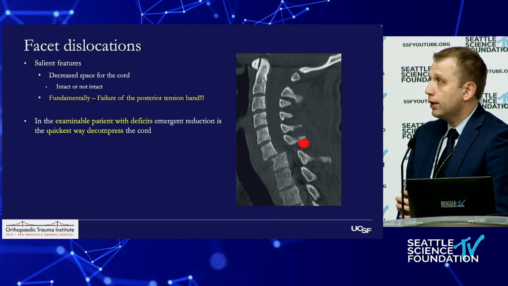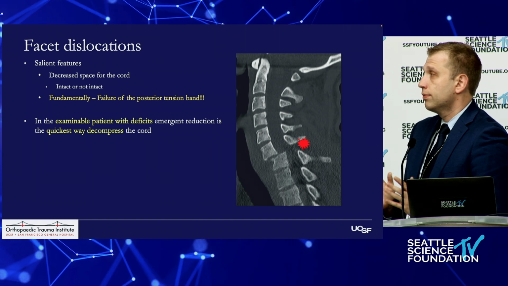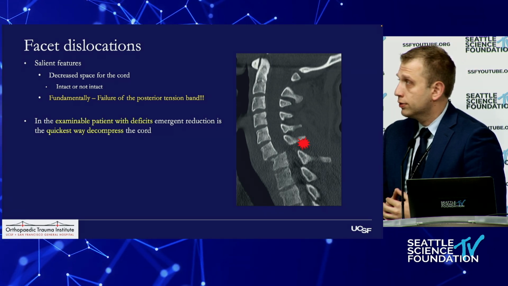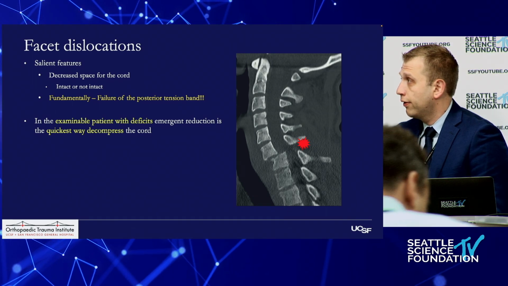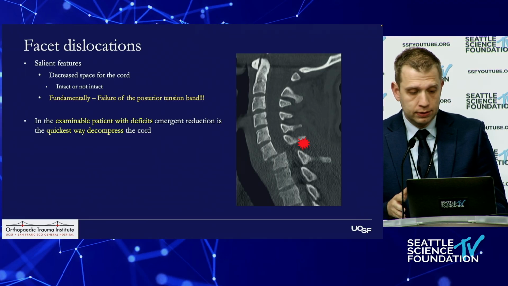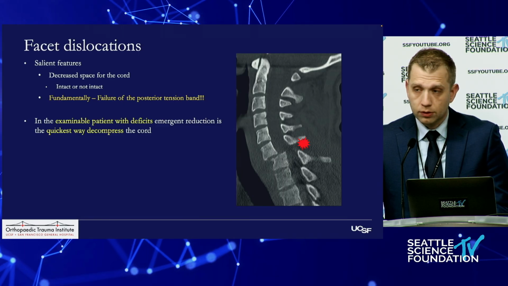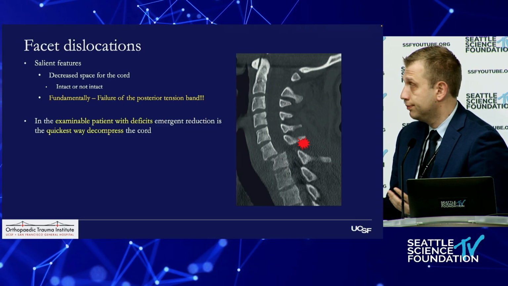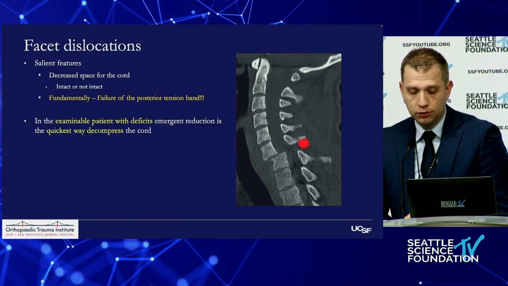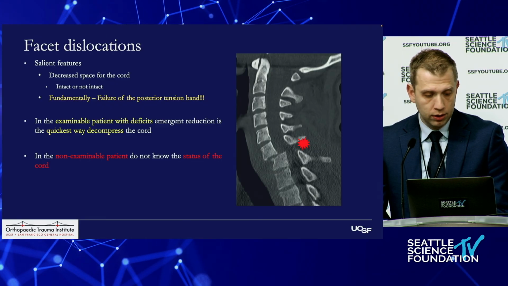And so, in the examinable patients, both with deficits and also in my hands without deficits, the quickest way to decompress and stabilize the cord is with closed reduction, whether it be in the ED or, in our institution, in the OR.